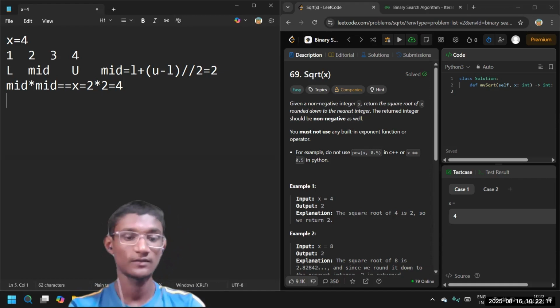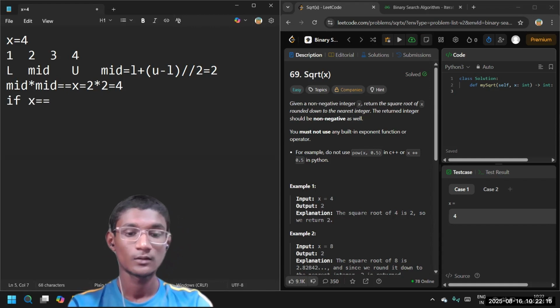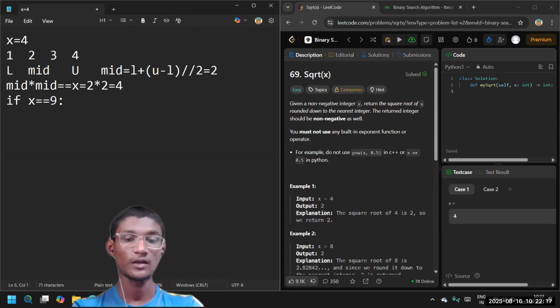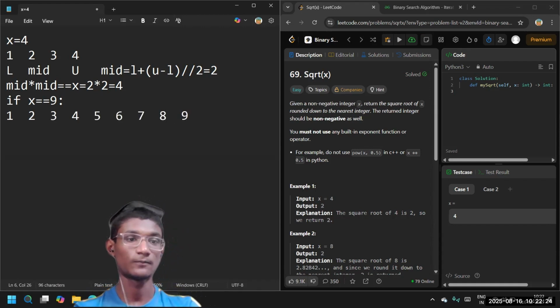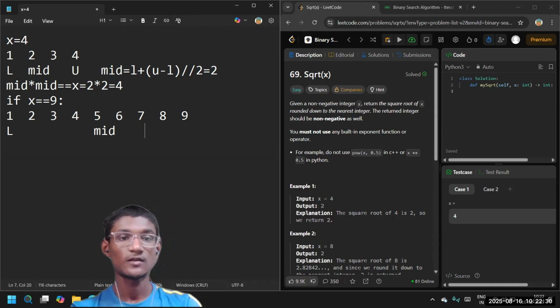But if x equals 9, let's take the possible values here. This is the L value, then the middle value, obviously it is an odd number, so the middle value becomes 5 only.